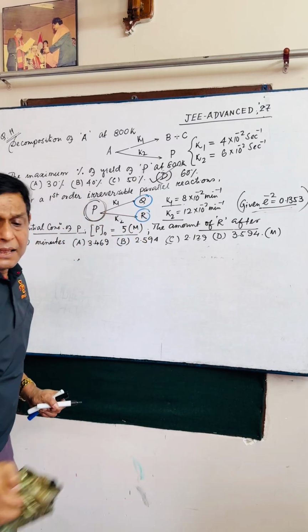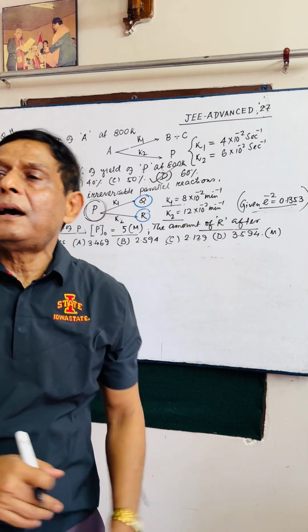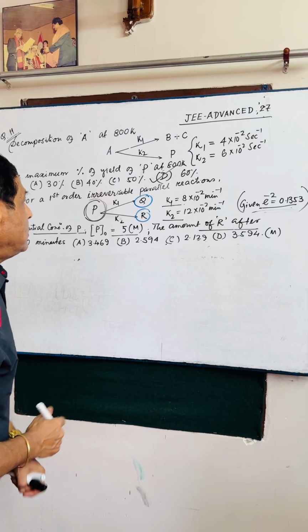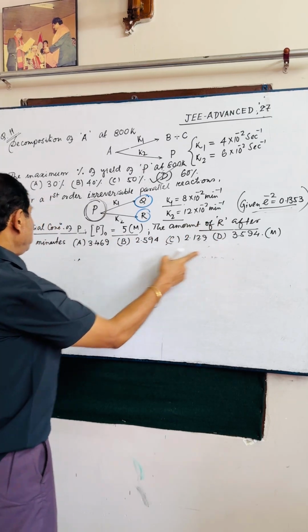Second question. Second problem, a little bit tricky because here the exponential form you have to use. You have to determine the concentration of R after 10 minutes; four options are given.